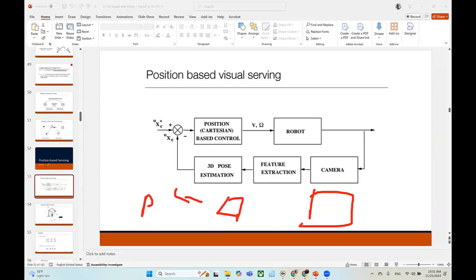So computer vision is very important. It's a separate class, but right here we just tell you how computer vision can be used in computer robotics. Any questions?